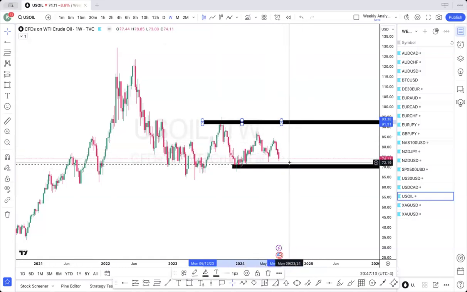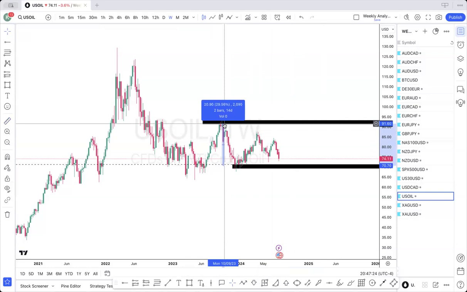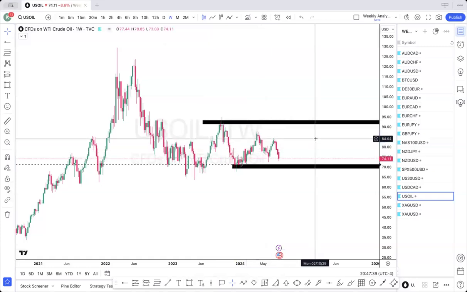And we're talking approximately 2,000 pips. I'm all for it. Ooh, at a standard lot, that's $20,000. Okay. So that's what I would be looking for from oil.